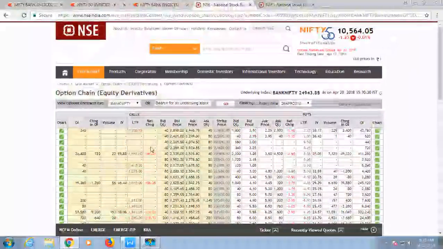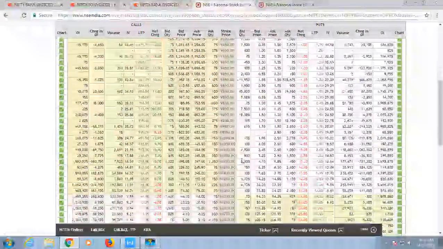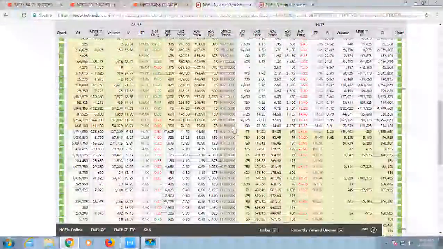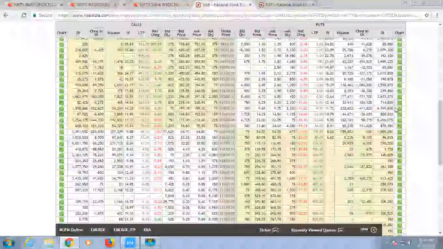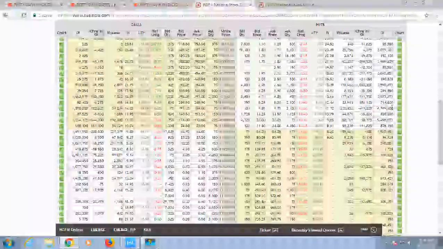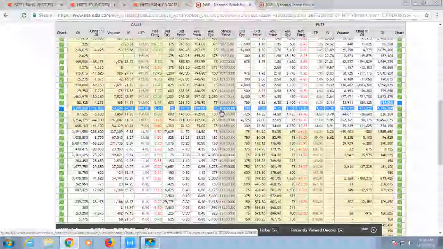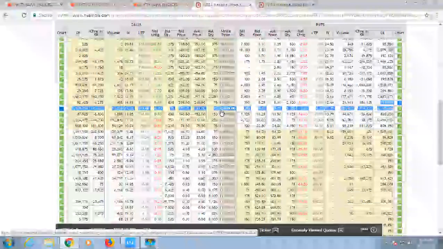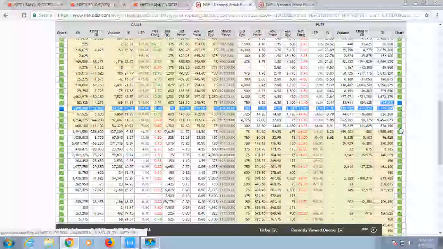Now time to check the option chain data for Nifty as well. If we check option data for Nifty, then we'll find that the maximum open interest has been seen for this level, that is 10,400 put, and then 10,500.